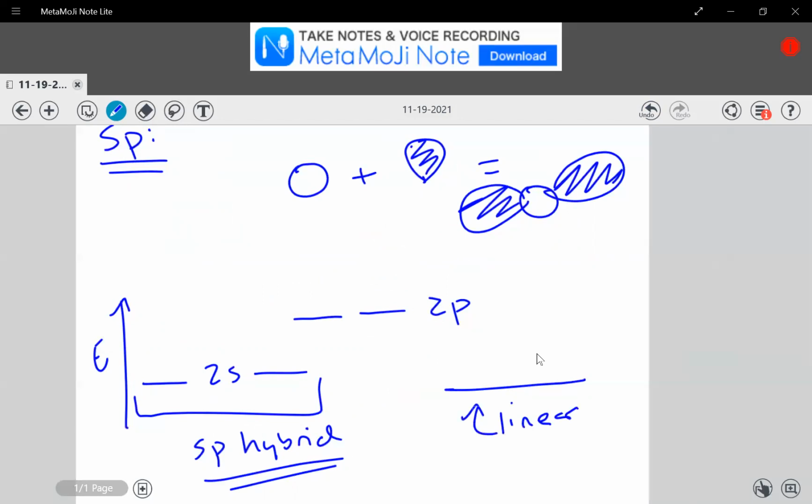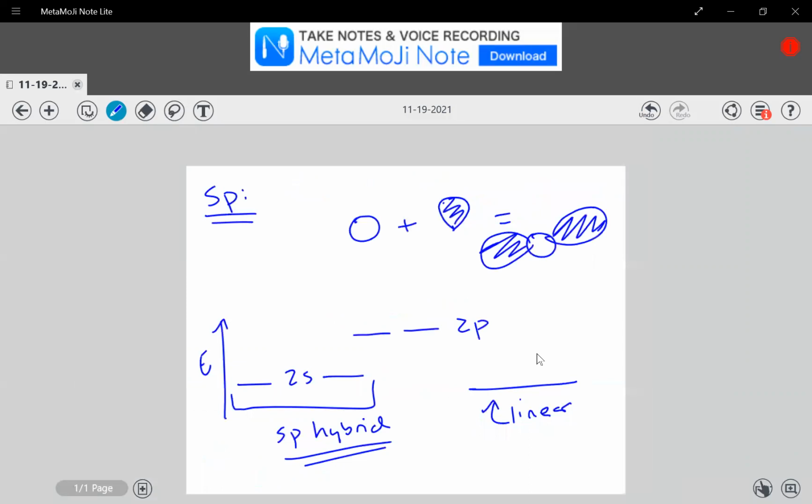Nothing too difficult. All right, so that is our sp orbital. One of the p's goes down, s goes up, meet in the middle, become a hybrid, and it creates a linear shape.